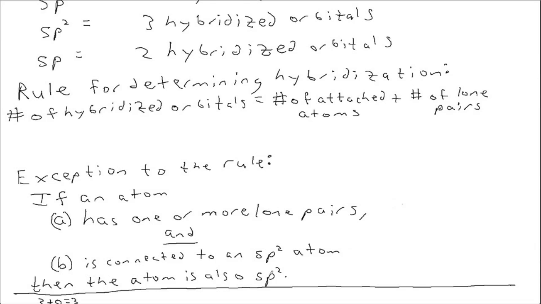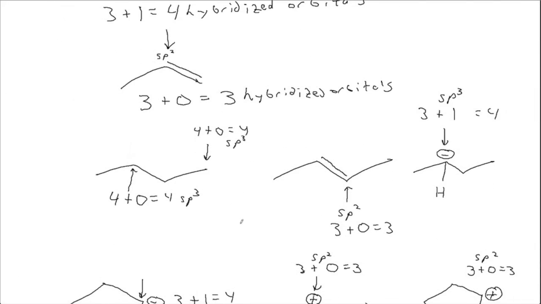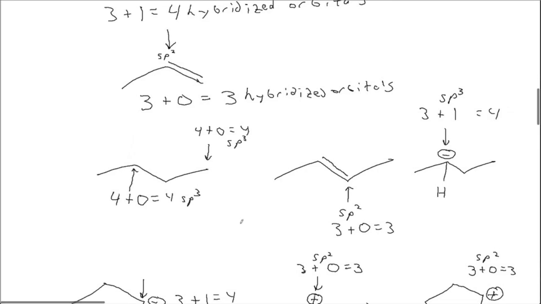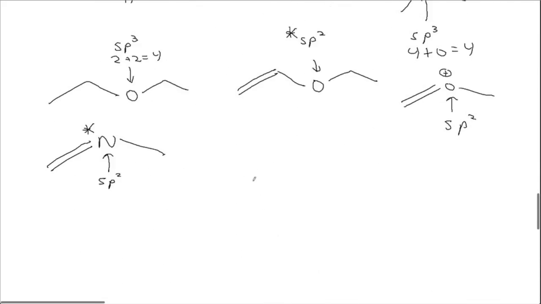Maybe I presented this confusingly because I went over the rule first. But even though we went over the rule first, when you're actually doing a problem, it's better to check the exception first, because if the exception applies, there's no need to check the rule. So to review, should you check whether the exception applies first or apply the rule first? The exception first. Okay, good. That's what you must have been doing on these problems here, and we were getting those correct.